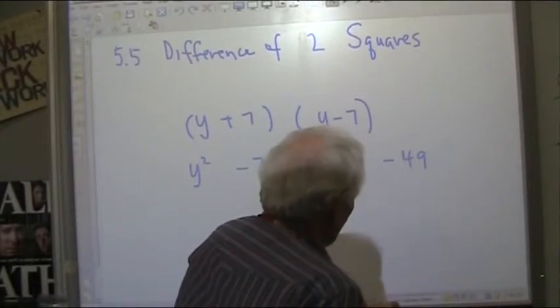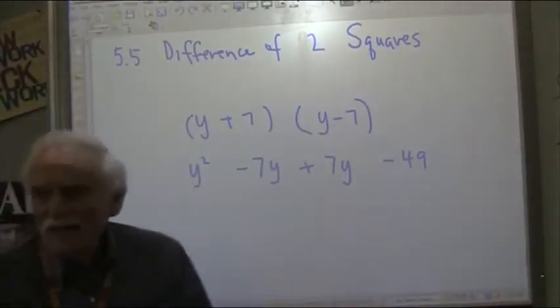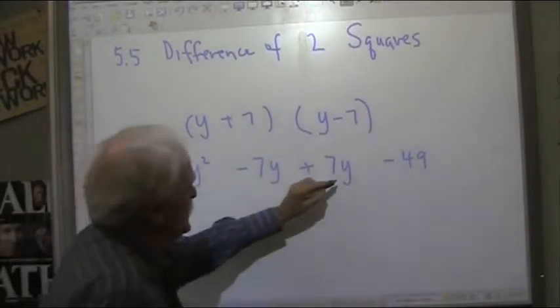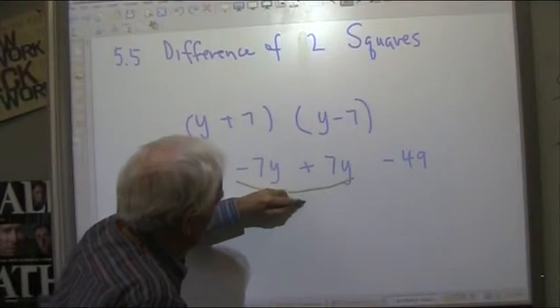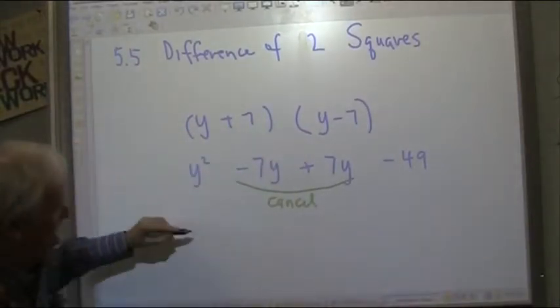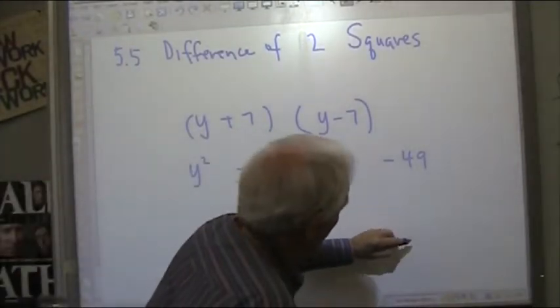Okay, so ladies, what do you notice about the O and the I terms? They cancel each other out, because they are opposites. That's the property of opposites. And we are left with y squared minus 49.